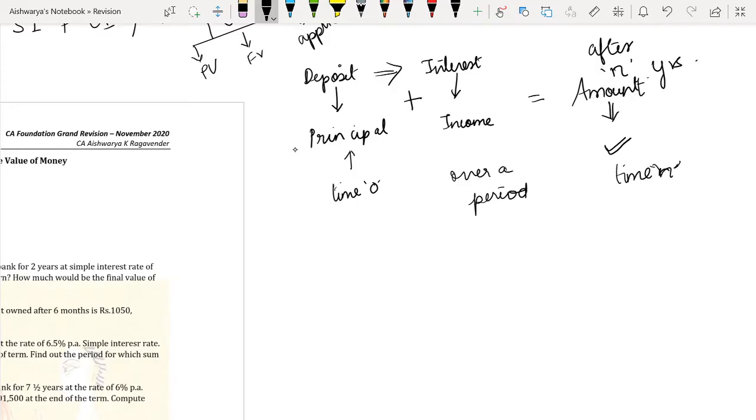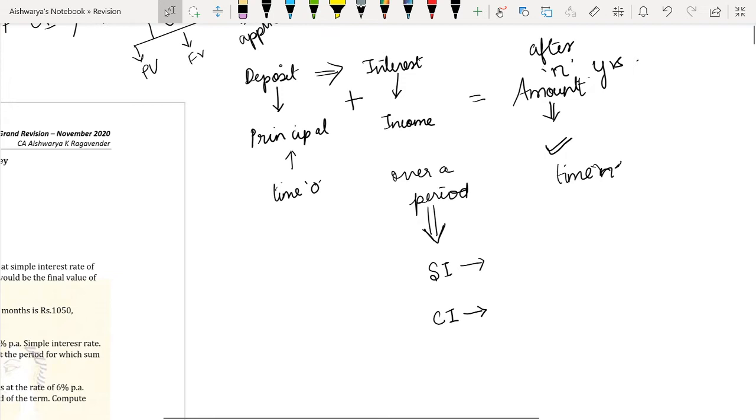And this will come at time n, later in the future. Okay. So this interest can be computed in two ways, two methods. One is simple interest, the other is compound interest. Now, how do you compute in simple interest method? How do you compute in compound interest method? What is the difference between the two? Simple interest method is similar to the straight line method of depreciation, SLM.